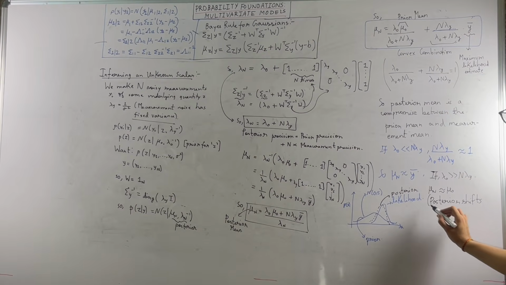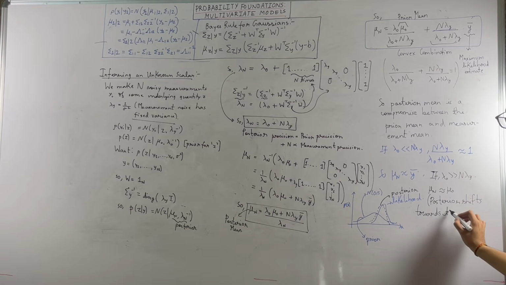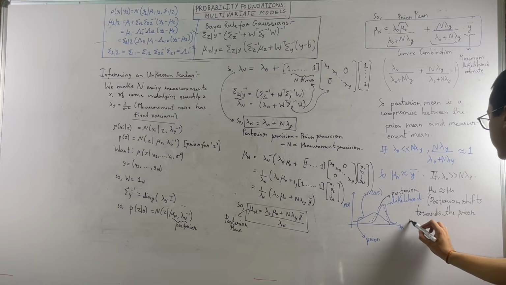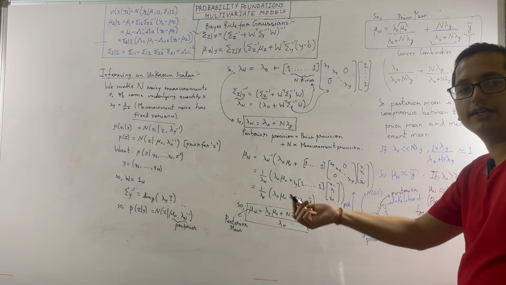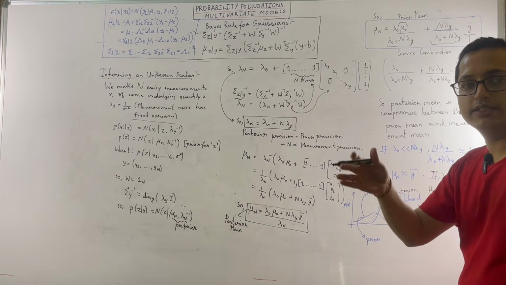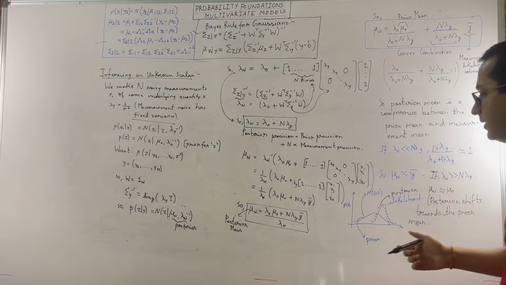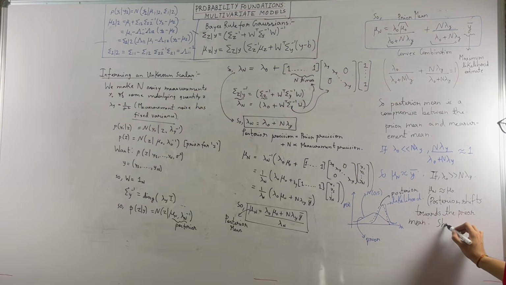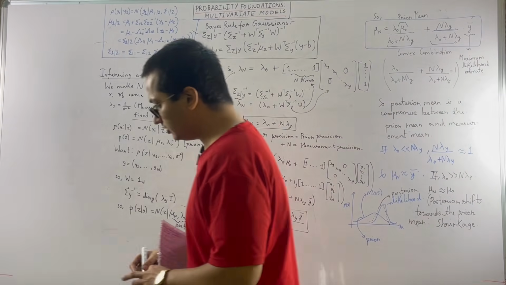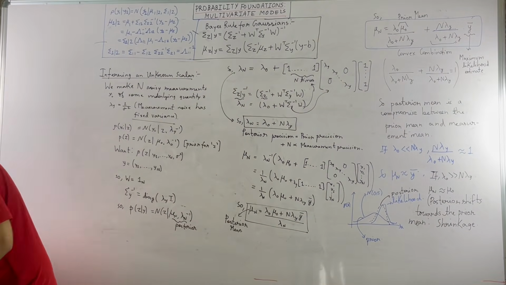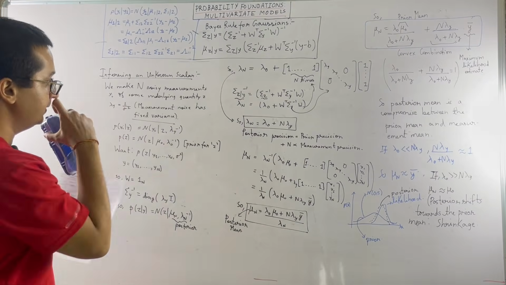And this effect we call shrinkage. Because of the trade-off between the prior and the likelihood, we are getting the posterior to shift in different places. This is called the shrinkage effect. We will write the equations for shrinkage.